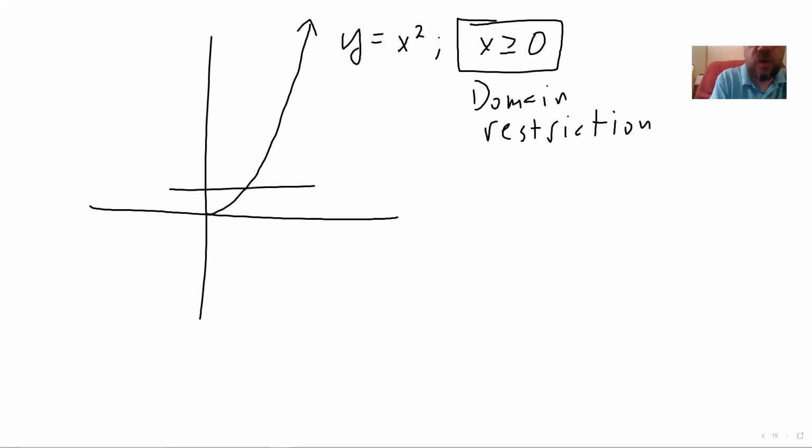No matter where I draw a horizontal line, it only hits this part of the graph in one spot. Its inverse is y equals the square root of x. And you can see that those are reflections of each other through the line y equals x, as expected.